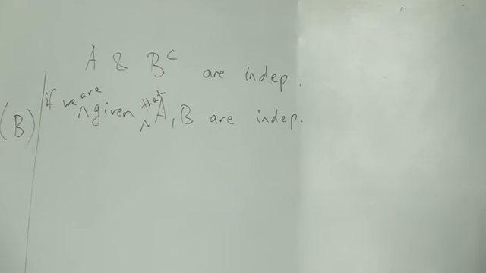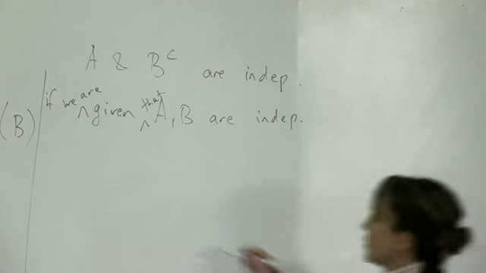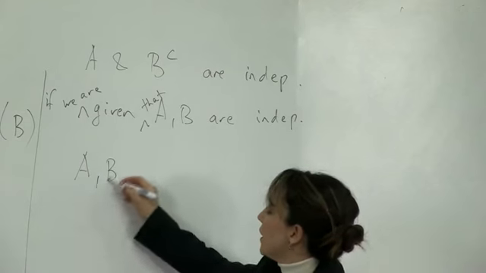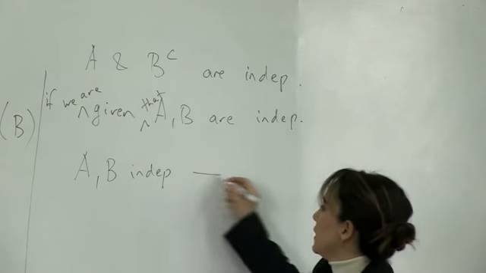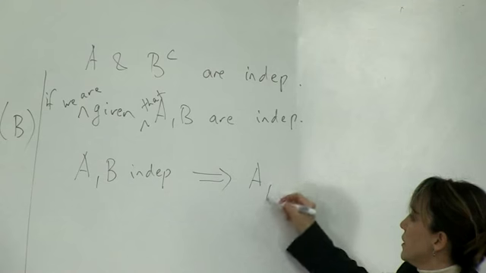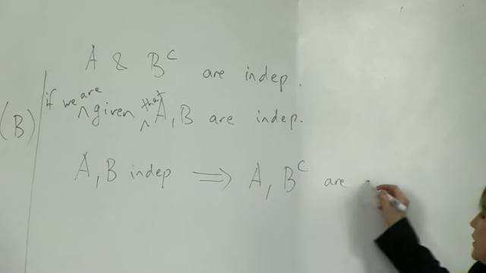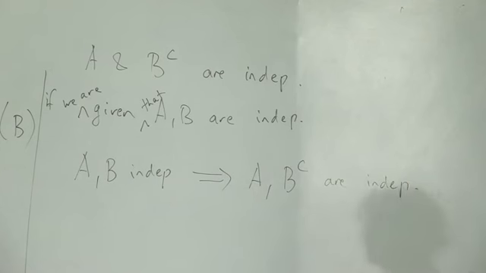So, in other words, A and B independent implies that A and B complement are independent. In fact, the implication goes both ways. Okay?